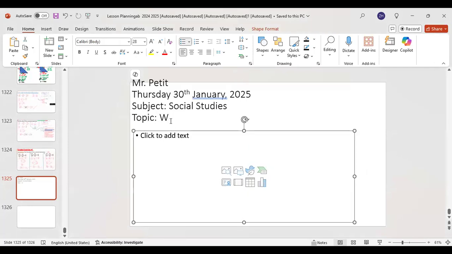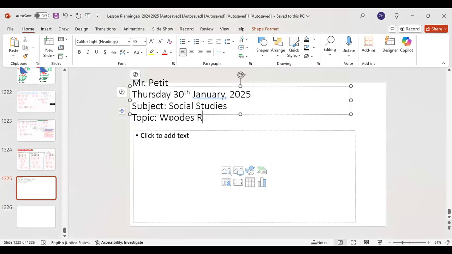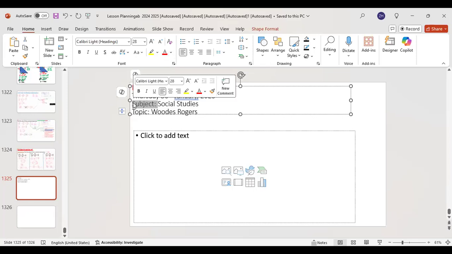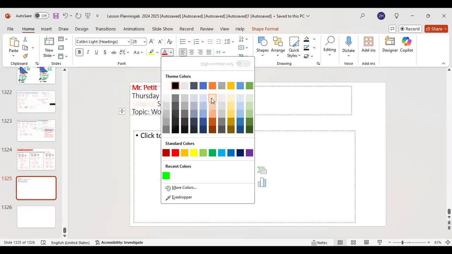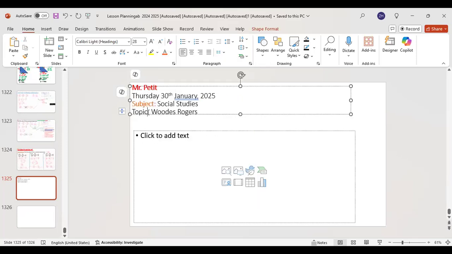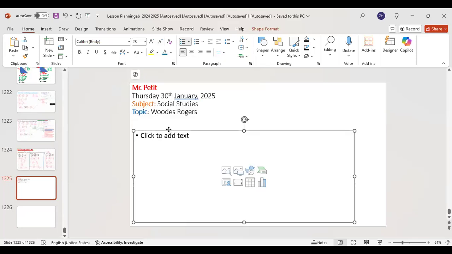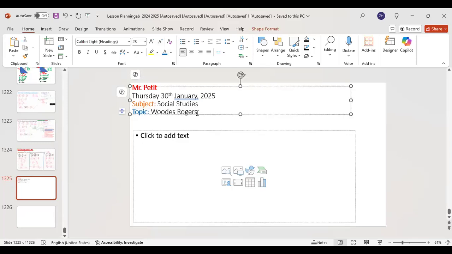We are still on Woodes Rogers. He was the first royal governor, the first governor of the Bahamas.